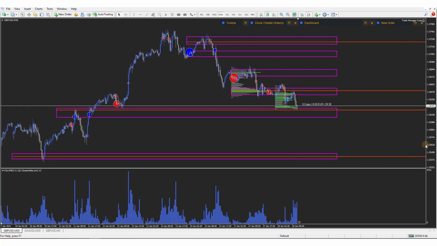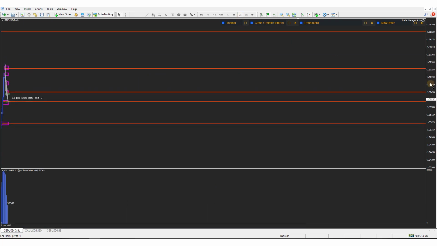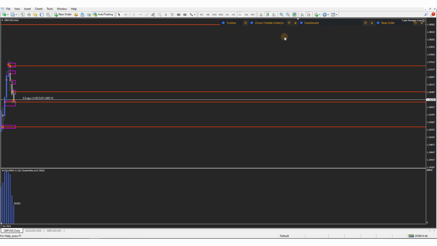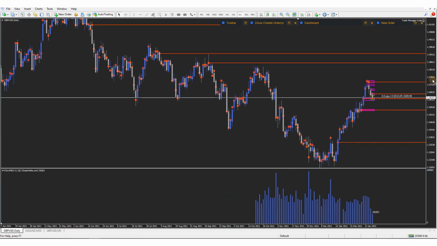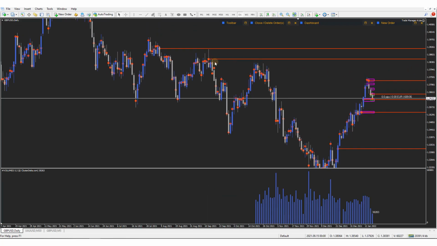And my idea was to get this point of control, the red-orange line, because I want to show you how I'm preparing for the day and why these levels are important for me. On the daily time frame, I will make this bigger, we can see that all of these high volume levels like to be taken.